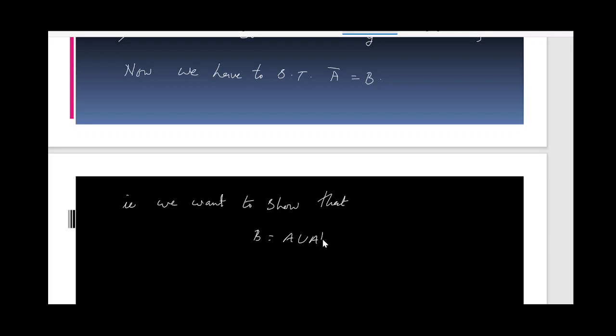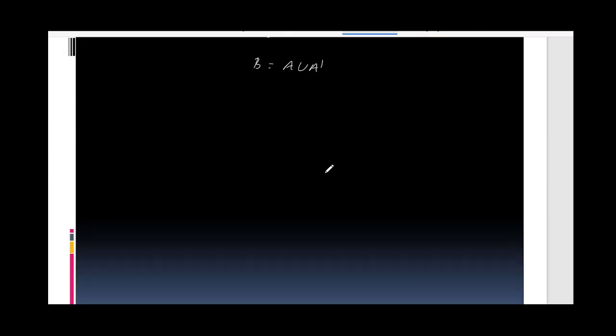Now we want to show these two sets are the same. So, our usual method: let some y belong to A union A dash. Now if y belongs to A, then there's nothing to prove.